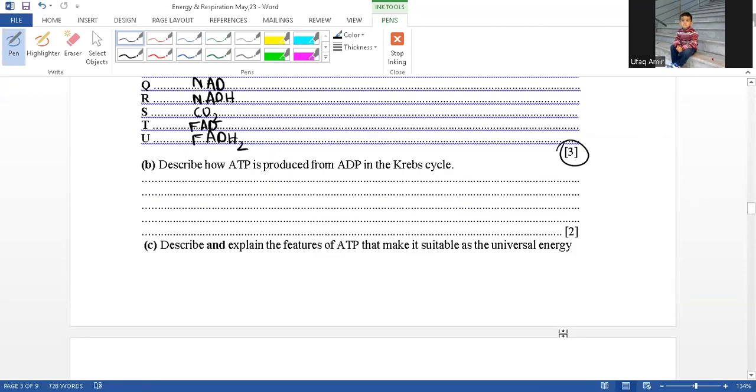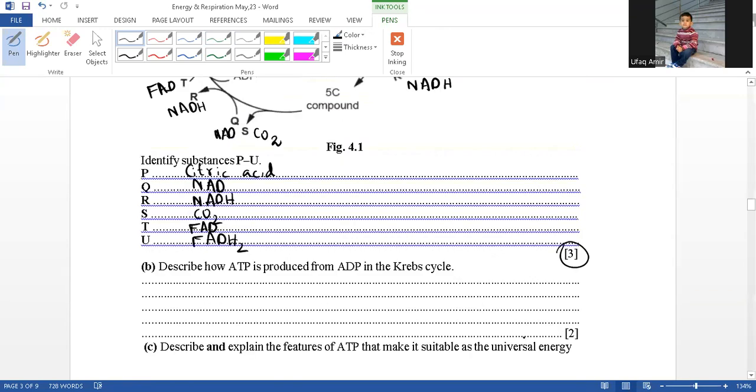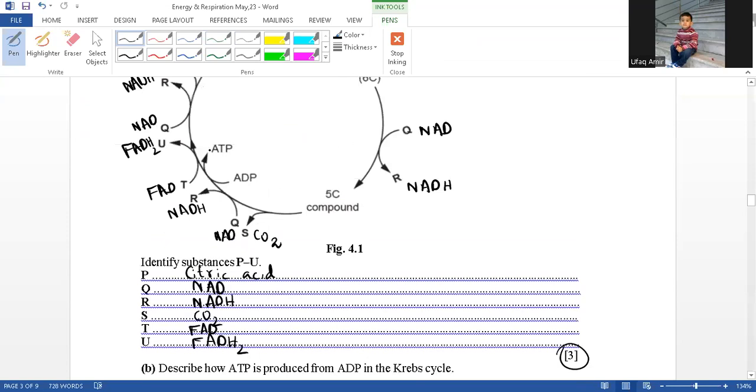Describe how ATP is produced from ADP in Krebs cycle. Just of 2 marks. No, how ATP is produced. This you have to just mention.